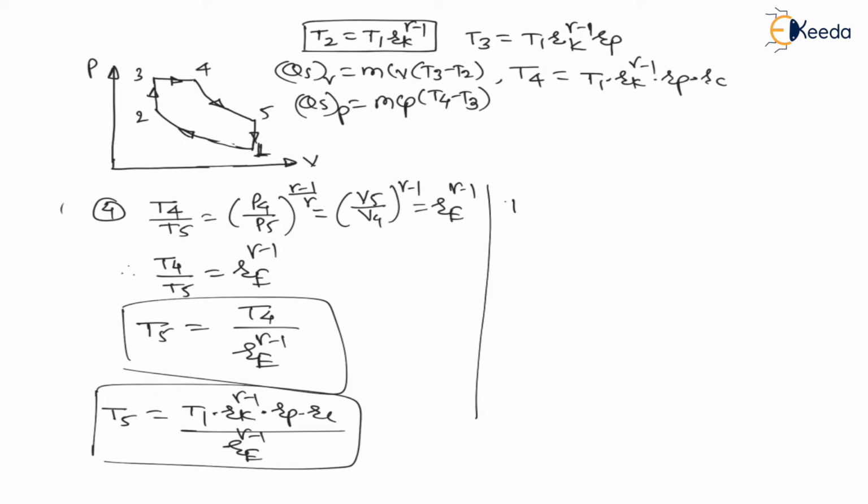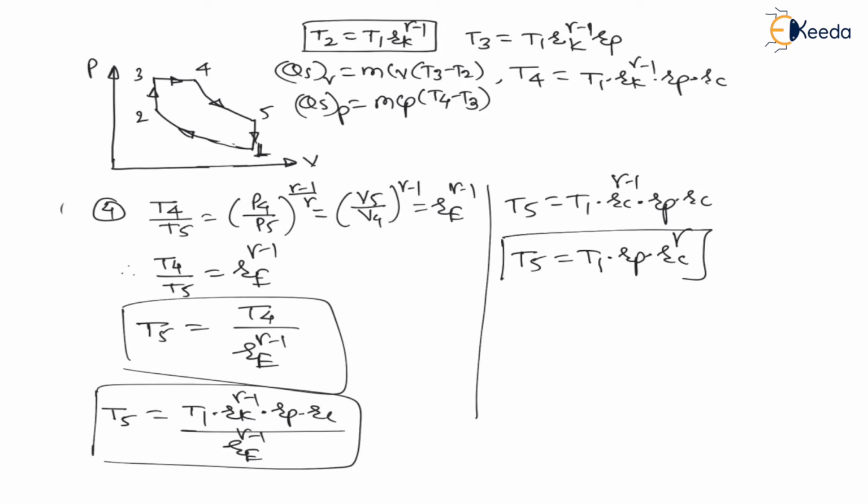Therefore T5 is equal to T1 into Rc raised to gamma minus 1 into Rp into Rc. So this Rc raised to gamma minus 1 into Rc will become Rc raised to gamma. Therefore T5 is equal to T1 into Rp into Rc raised to gamma. This is again our next equation, let us say equation number 6. It is again useful later.